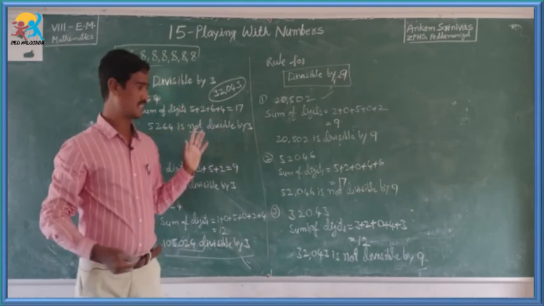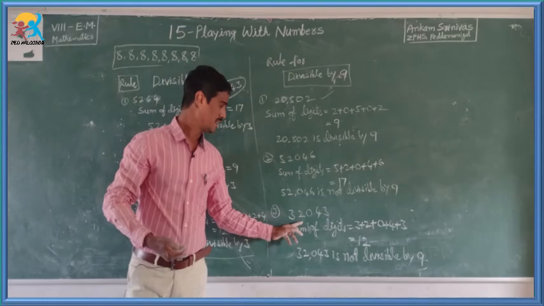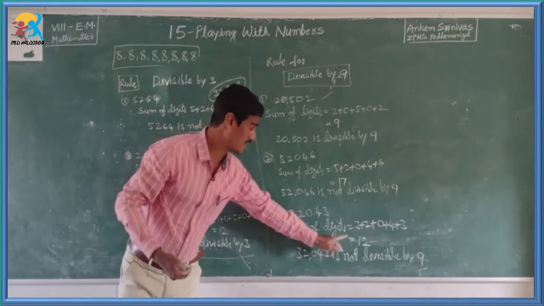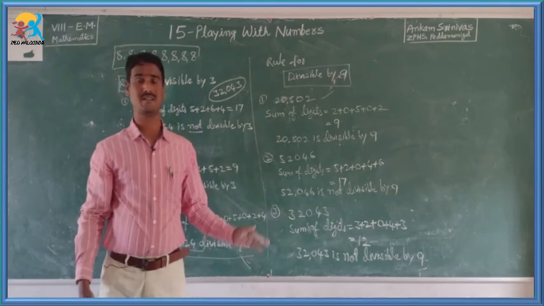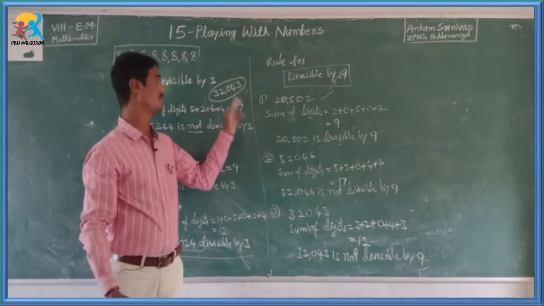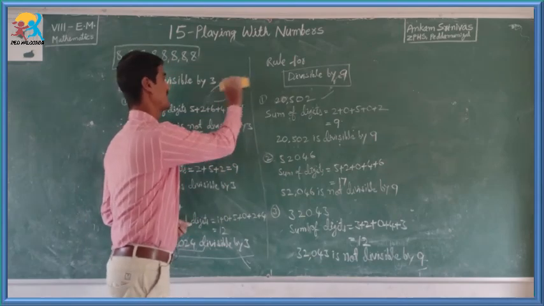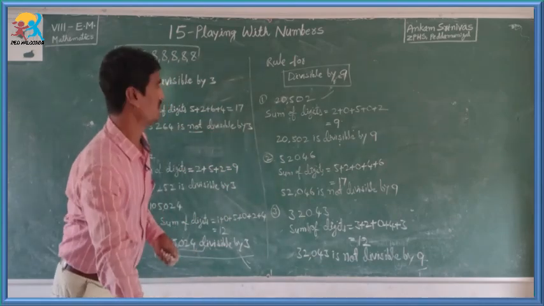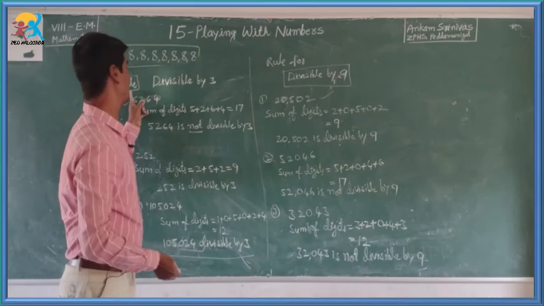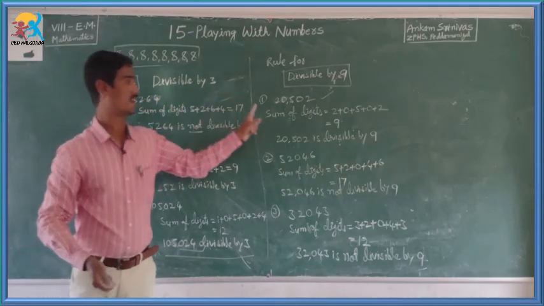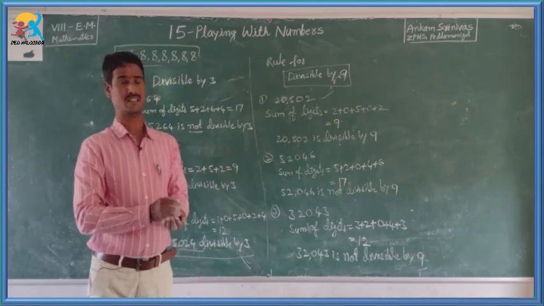So what do you understand? This number is not divisible by 9, but it is divisible by 3. So my dear children, in this session we learn the rule for divisible by 3 and the rule for divisible by 9.